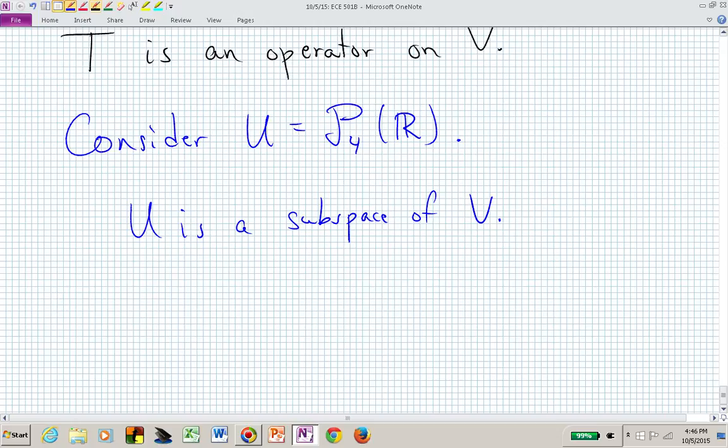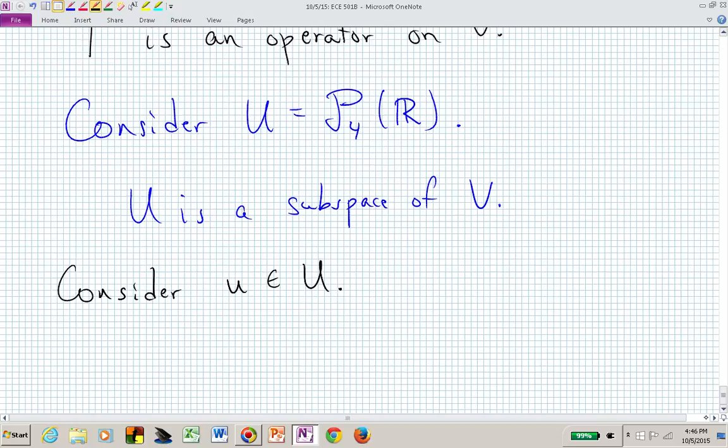Now let's consider a vector in that subspace. And what's a vector? It may not be a tall, thin column, is it? It's just a polynomial of maximum order. If it's in capital U, it's a 4th order polynomial, right?